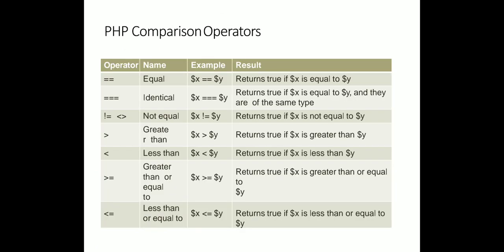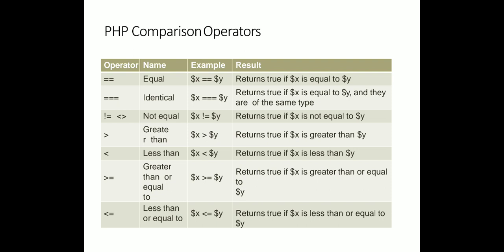Okay, so here is a PHP comparison operators chart. For each operator you are going to use, its name, example and result are provided in the chart. First is the equal operator, which returns true if $x is equal to $y.